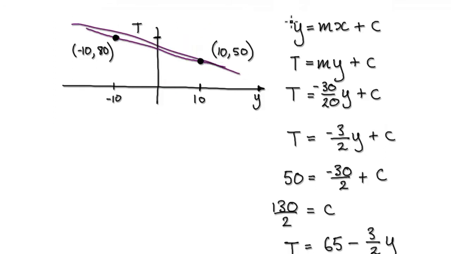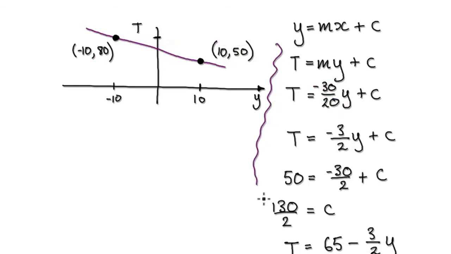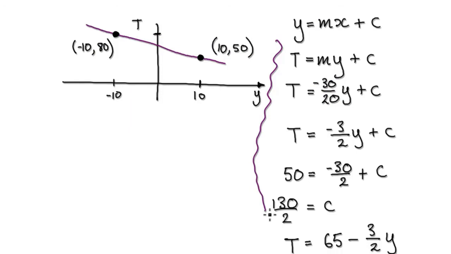This is a straight line, y equals mx plus c. We need to work out the gradient. The gradient is given by the height divided by the base. The height is 30, and the width here is 20. And then it's going downhill, so stick a negative in front of it. This is high school stuff.